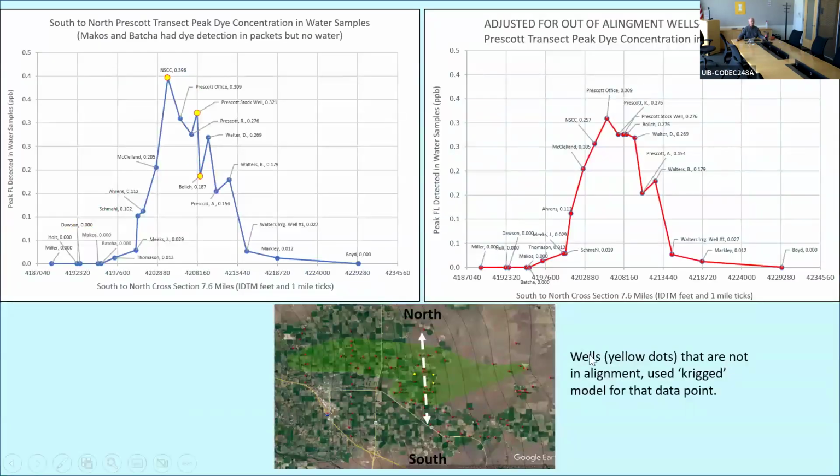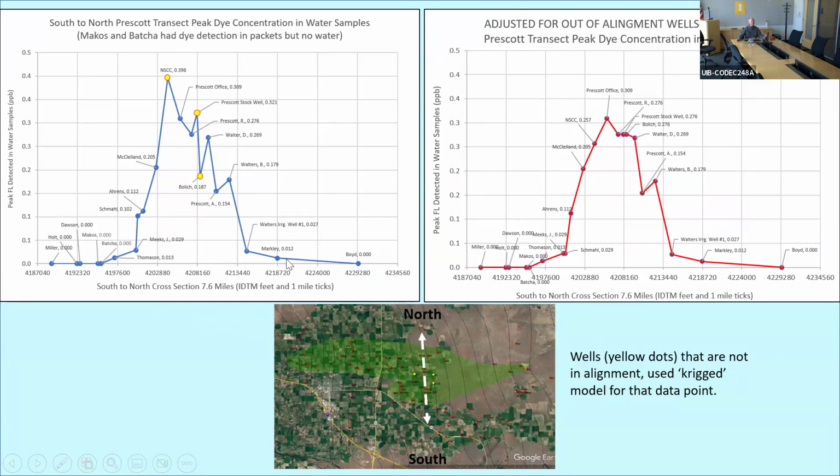So now we're looking at about an 8-mile transect from south to north. And these are the peak concentrations of the wells along that transect, from zeros in the south until we start to get some slight breakthrough concentrations here, and then it peaks out and comes back to zero in the north.